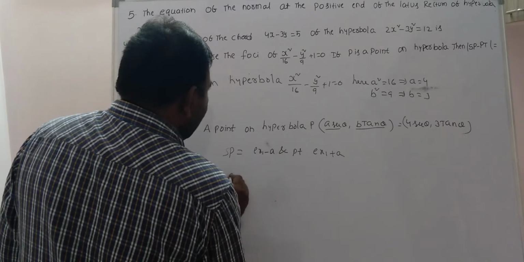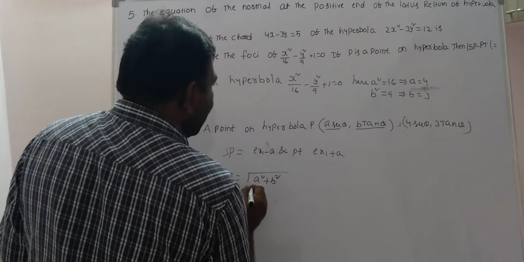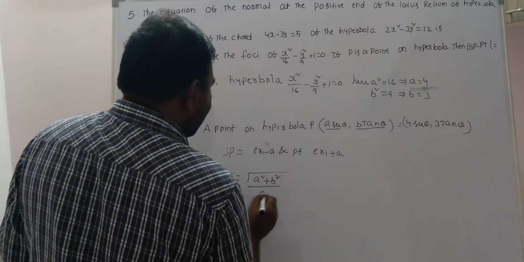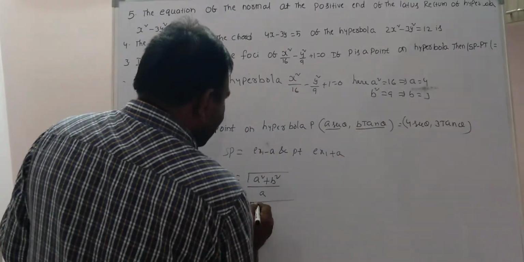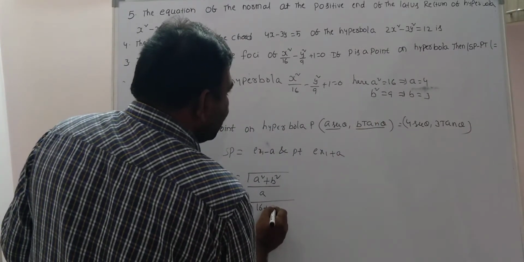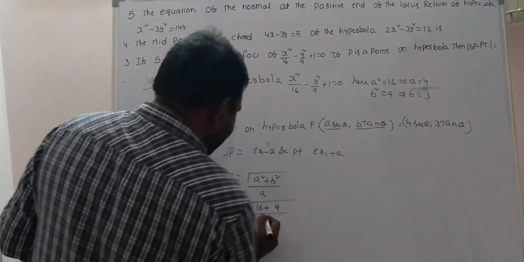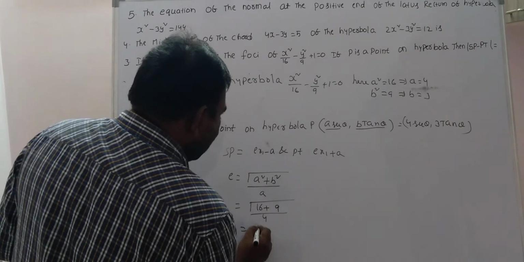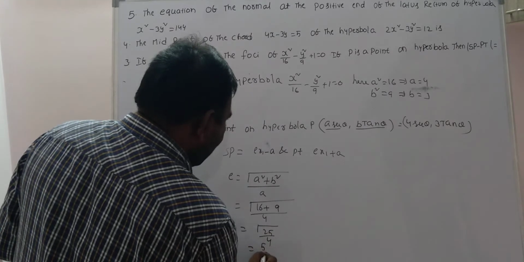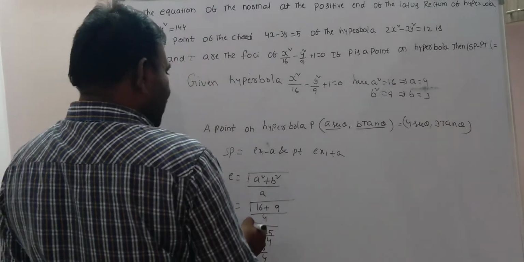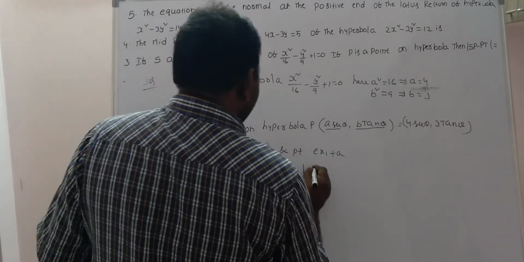So E equal to square root of A square plus B square by A, that is square root of 16 plus 9 by 4, which means 25 by 4. So here we get 5 by 4. E value is 5 by 4. So here we find SP and PT.